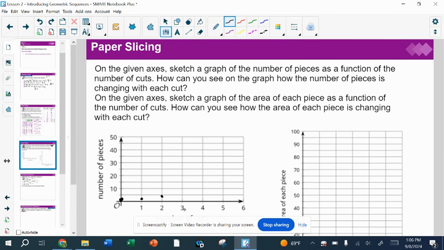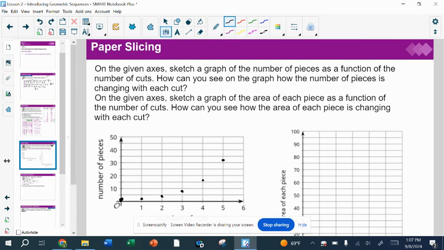At 3 cuts, I have 8 pieces. At 4 cuts, I have 16. So this would be 15, here's 16. At 5 cuts, I would have 32. And then 6 cuts would be 64, which is off my graph, right?